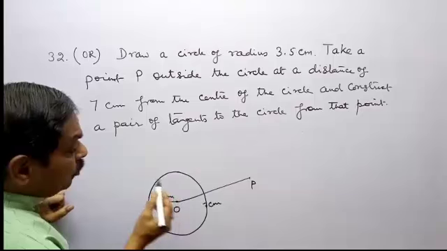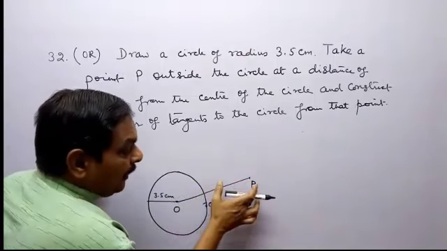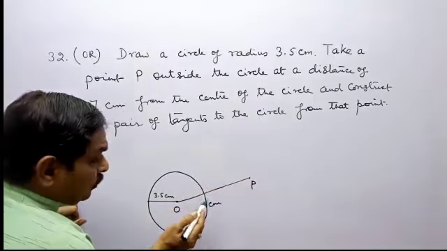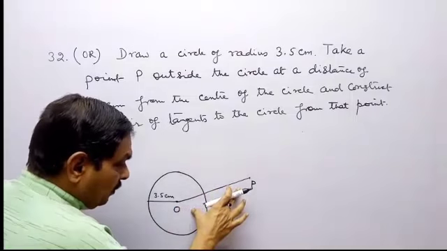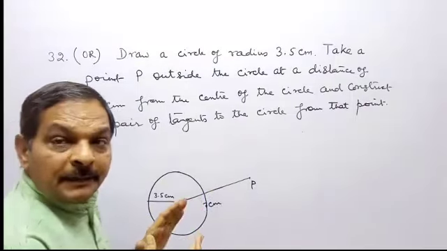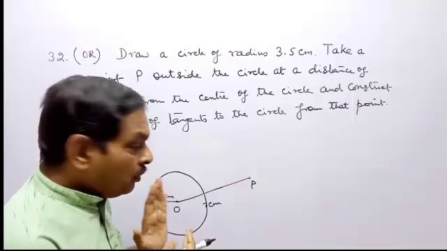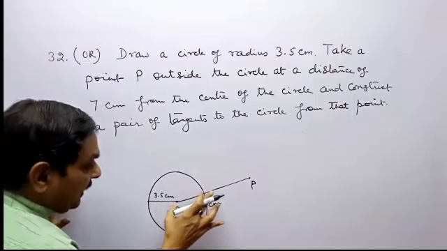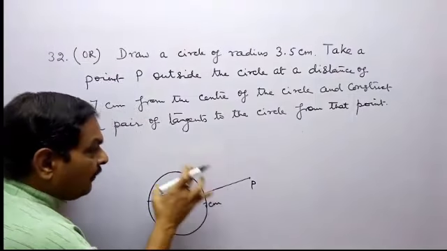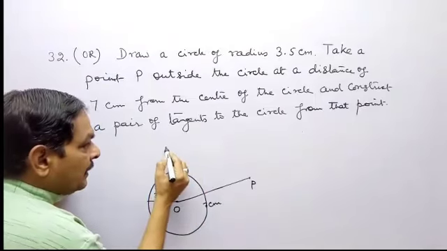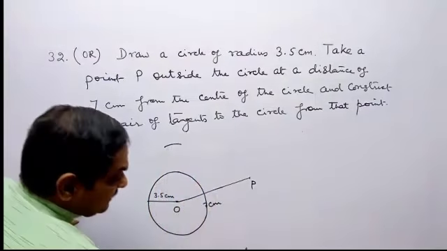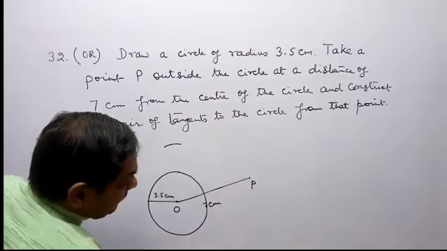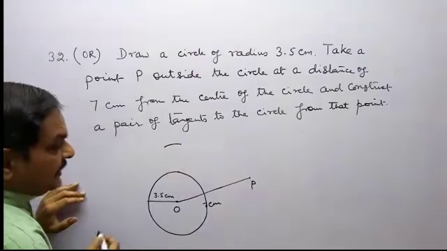Now we are to draw tangents from point P. We are to take the midpoint of OP. We can make use of compass also. We are to take an arc more than half and construct an arc here. Similarly, we will be constructing an arc in this direction.